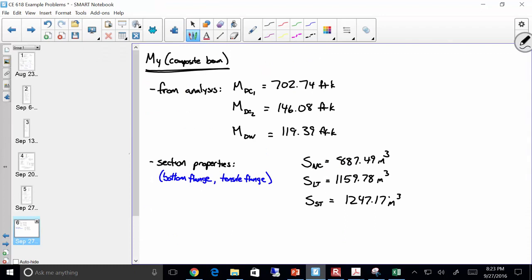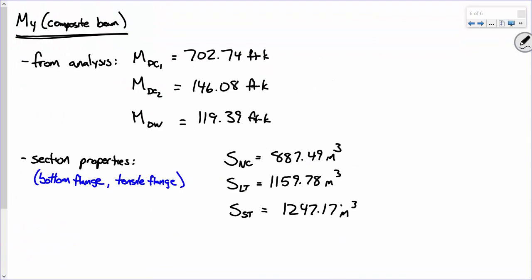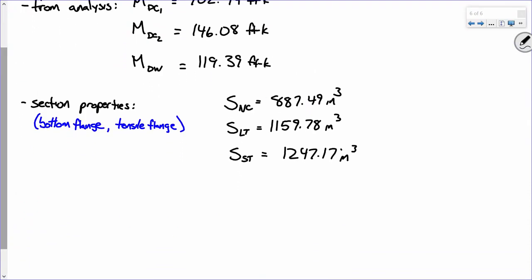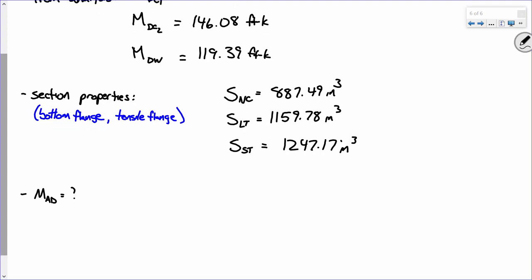All right. So let's go and solve for MAD. Now, here's our expression. We have that the yield stress has got to equal MD1 over SNC plus MD2 over long term plus MAD over short term.